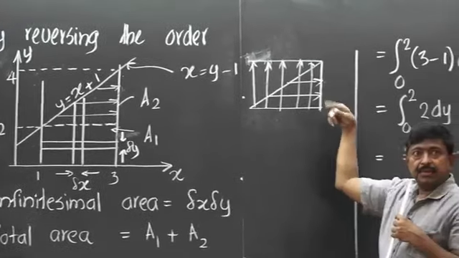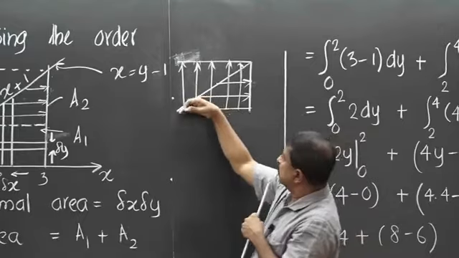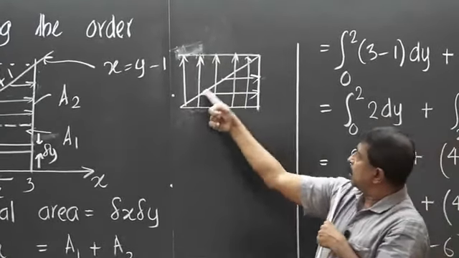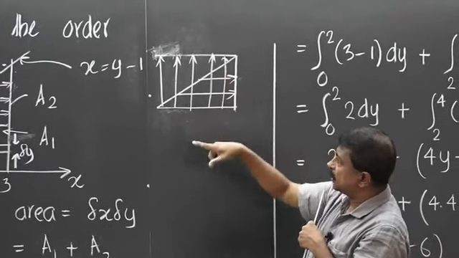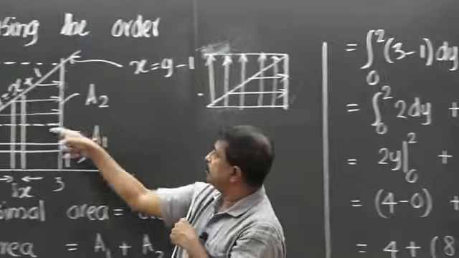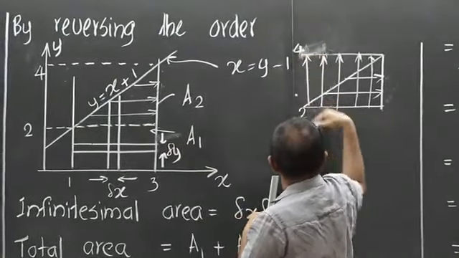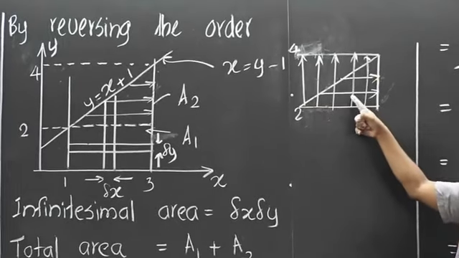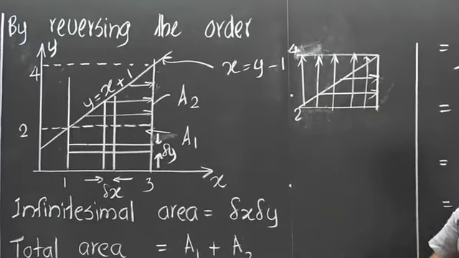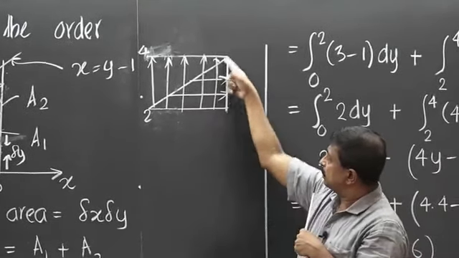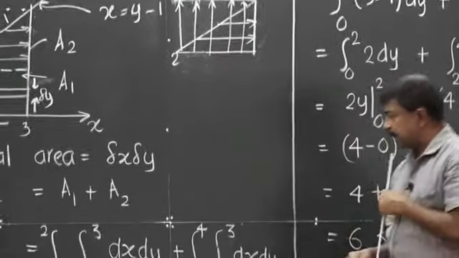Therefore, we are happy to have the limits of y like that, because this would be sufficient for us. x goes from here to here, y goes from simply 2 to 4. So if you assign the limits like that in the second integral, both horizontal and vertical lines intersect here. So we do it like that.